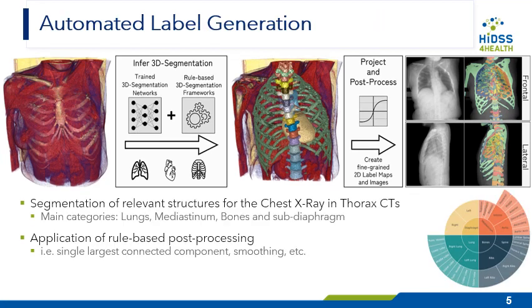We focus our segmentation of relevant structures for chest X-rays and thorax CTs on the 4 main categories of lungs, mediastinum, bones, and subdiaphragm. We also apply rule-based post-processing based on the anatomical priors that exist within humans.